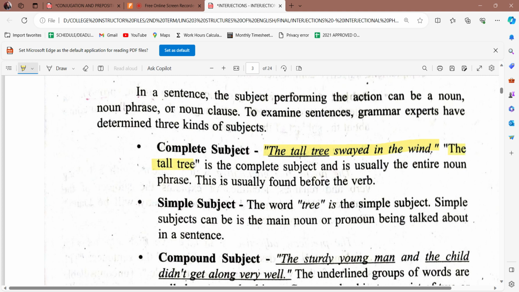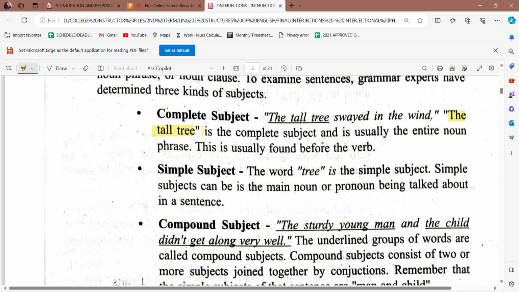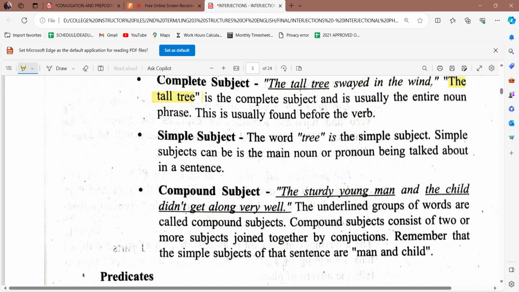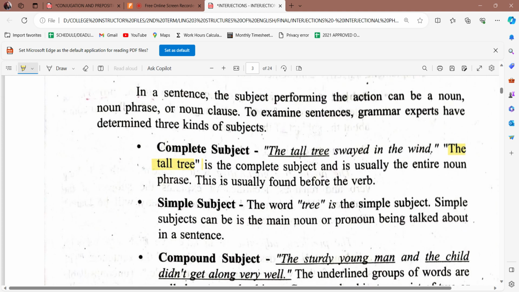The tall tree here is the complete subject and is usually the entire noun phrase. This is usually found before the verb.